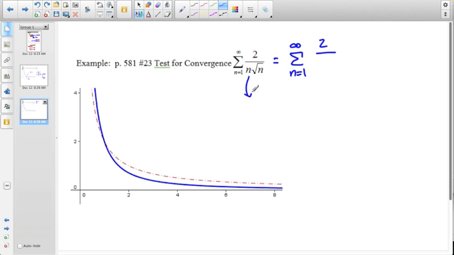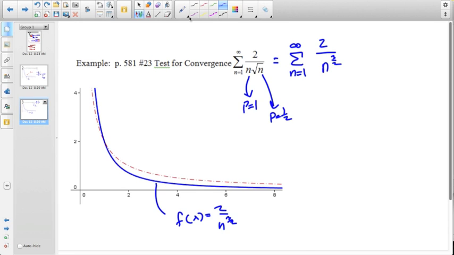So this has a power of 1. This has a power of 1/2. So we must have an n to the 3/2 here. In function notation, this is 2 over n to the 3/2.